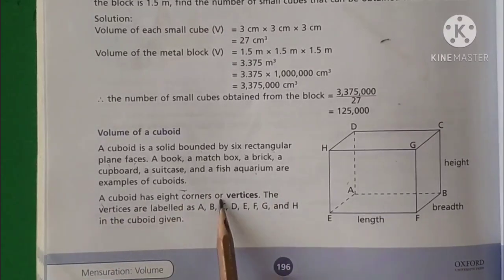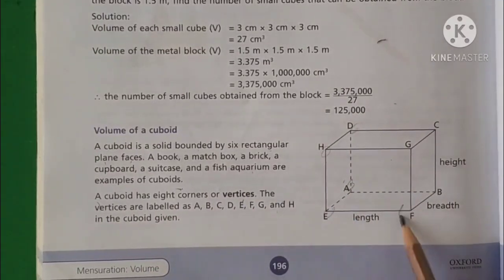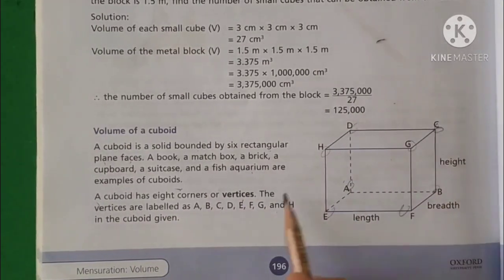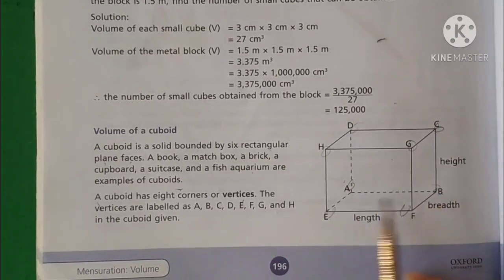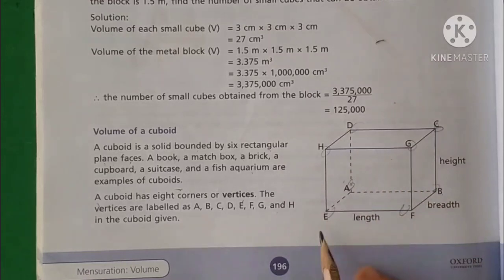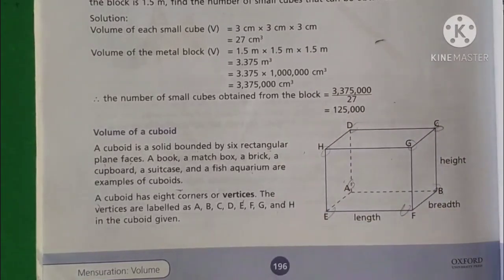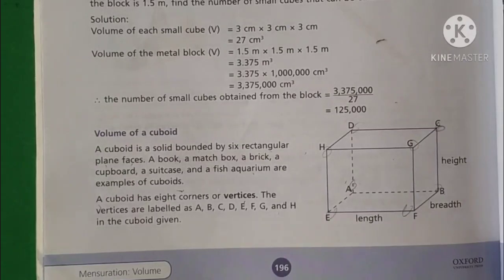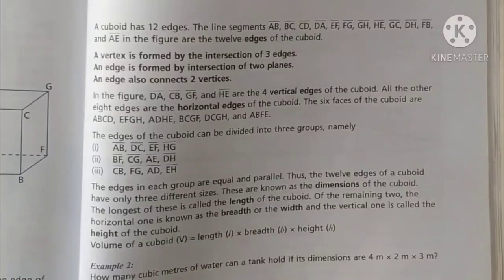A cuboid has 8 corners or vertices: 1, 2, 3, 4, 5, 6, 7, 8. These are the vertices. The vertices are labeled A, B, C, D, E, F, G, H. According to this figure, there are 8 vertices, and A, B, C, D, E, F, G and H are the names of these vertices.